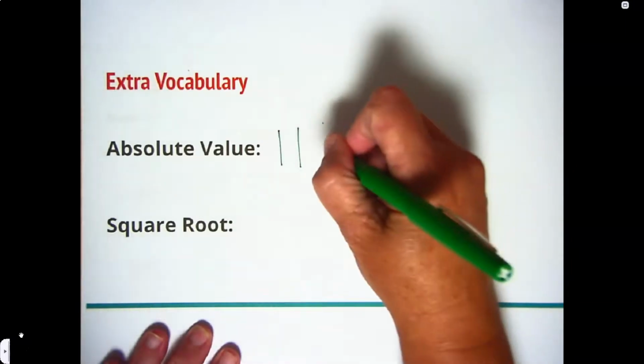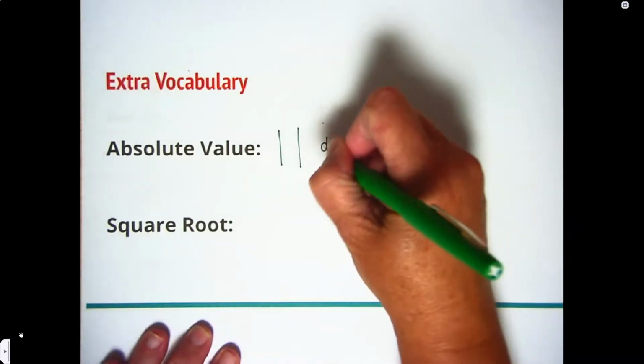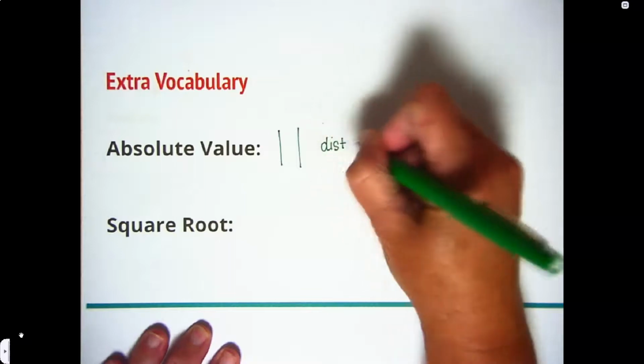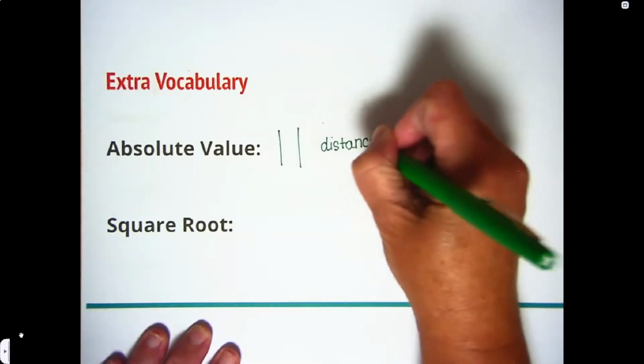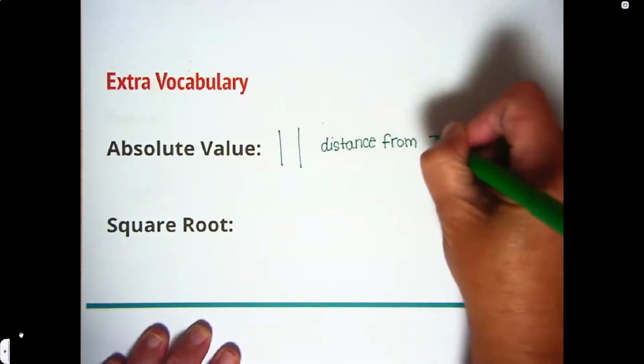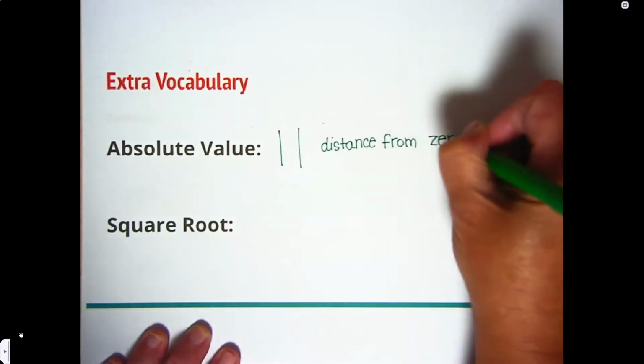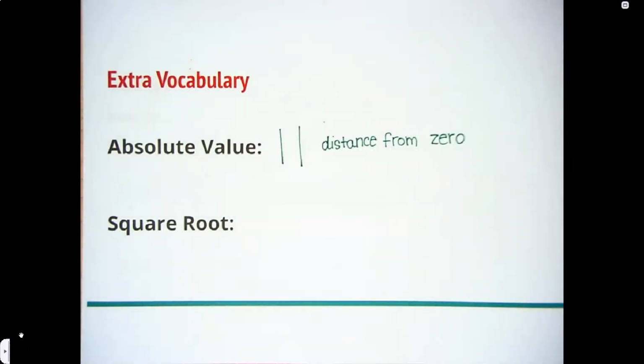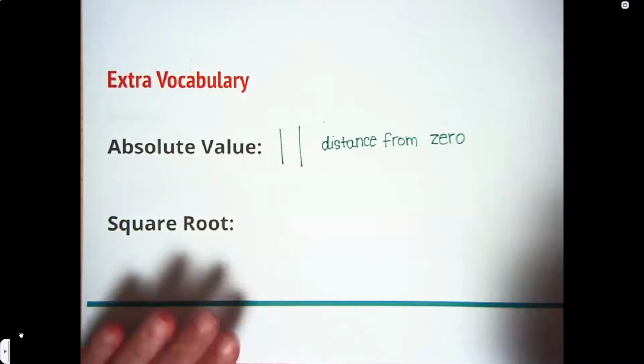And I need for you to remember that absolute value means distance from zero. So if you're picturing a number line, the absolute value of a number is how many spaces that number is away from zero.